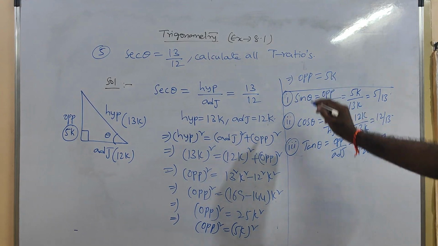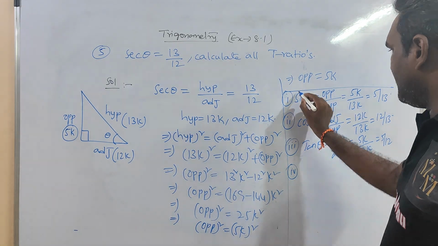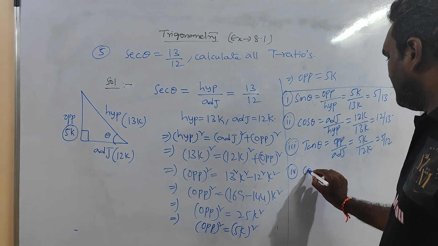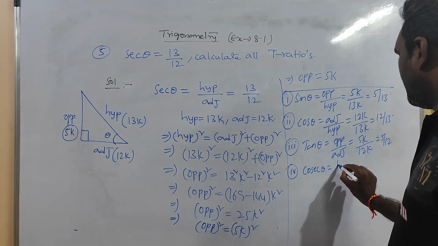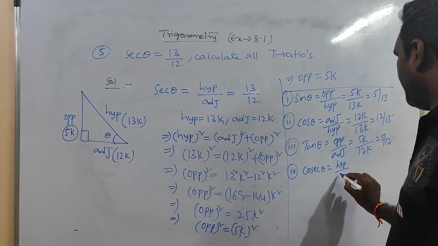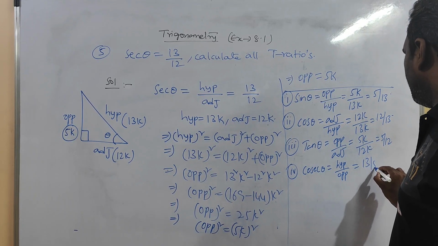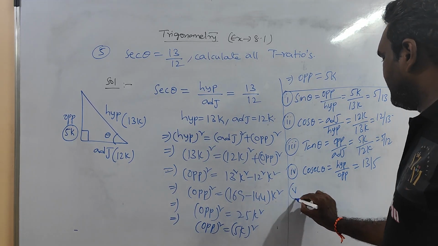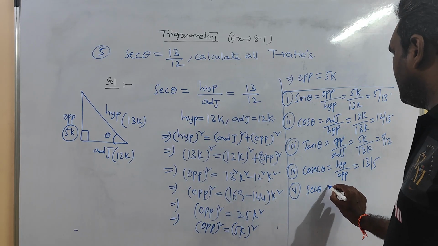Clear? If you got all these three, what about the fourth one? Let me talk about the reciprocal of sine. Reciprocal of sine is cosecant theta. You can write hypotenuse by opposite. The answer will be the reciprocal only, 13 by 5. And my fifth one is secant theta.